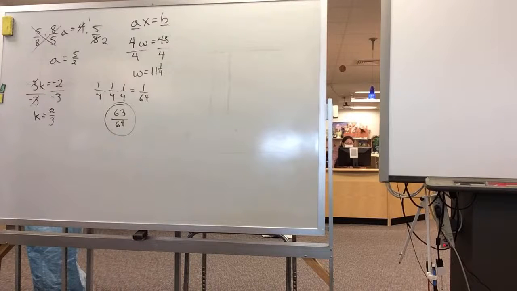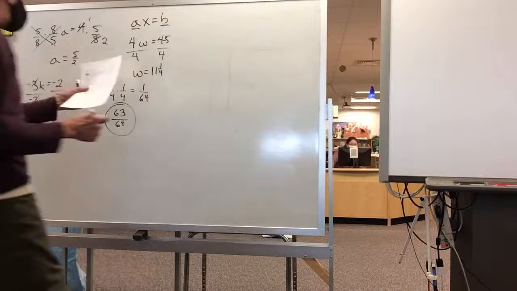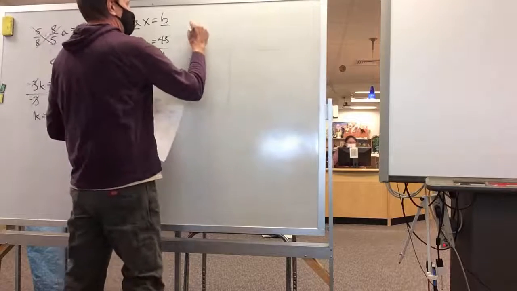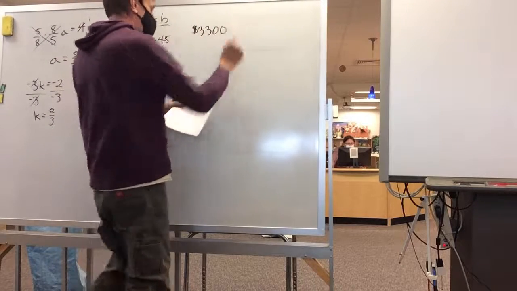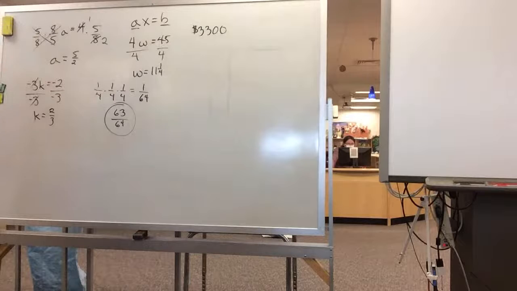No doubt about it. Some of you are going in the right direction, and maybe you lost just a little bit, but it's like this. If the assessment is $3,300 a year, and it goes up 5% over 4 years.